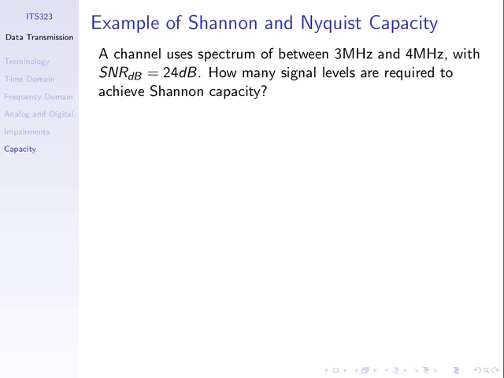We could not achieve the Shannon capacity. So the answer is we need at least 16 levels to achieve this capacity. So it can be used as a rough design rule to work out, okay, how many levels do we need when we design our signal?